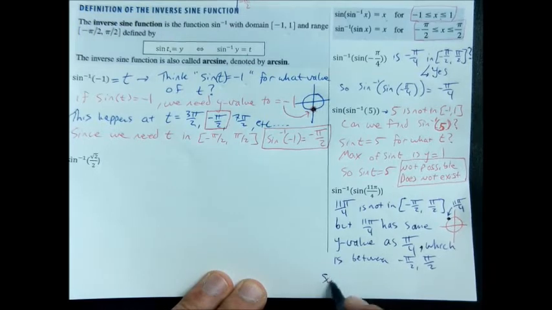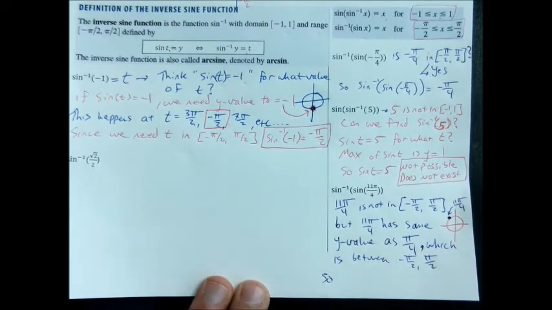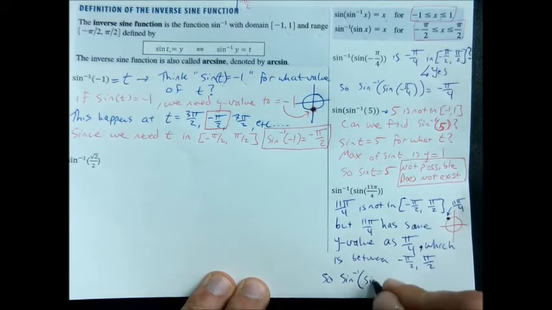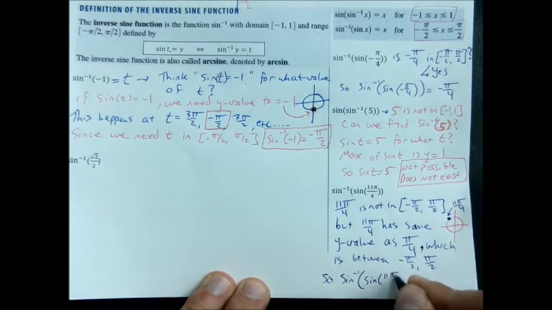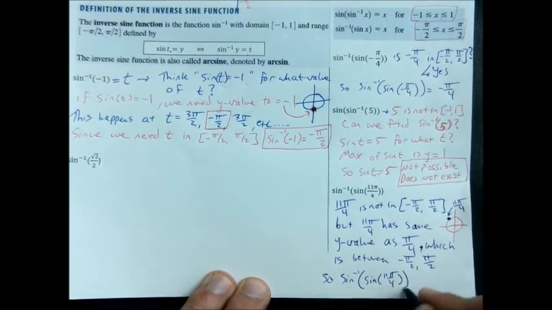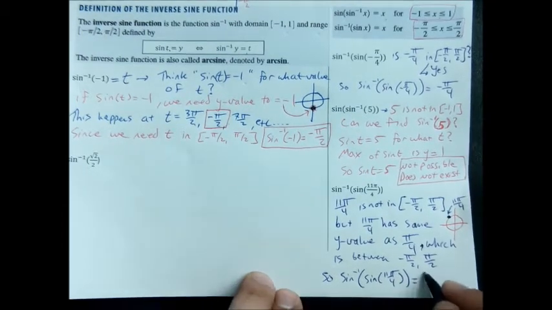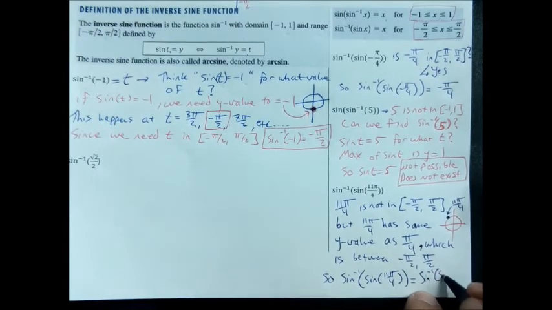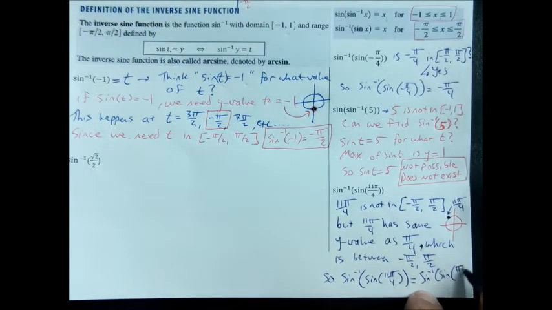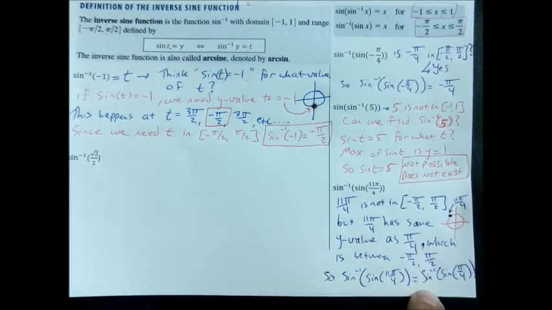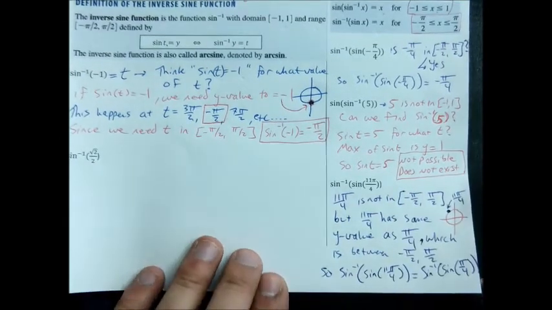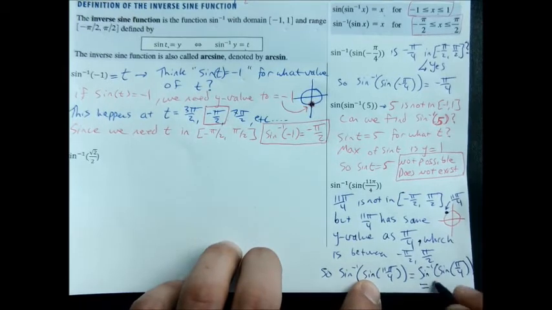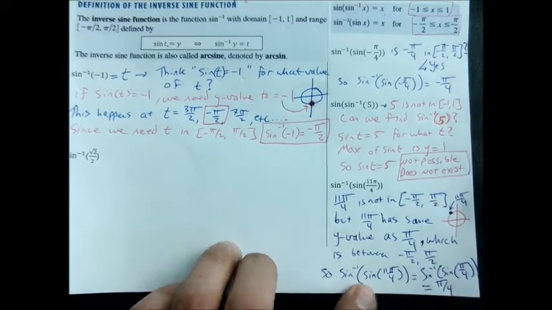So sine inverse of sine of 11 pi over 4 is actually the same thing as sine inverse of sine of pi over 4. And that fits that property because pi over 4 is in the correct interval, and so those things cancel out, and we just get pi over 4.